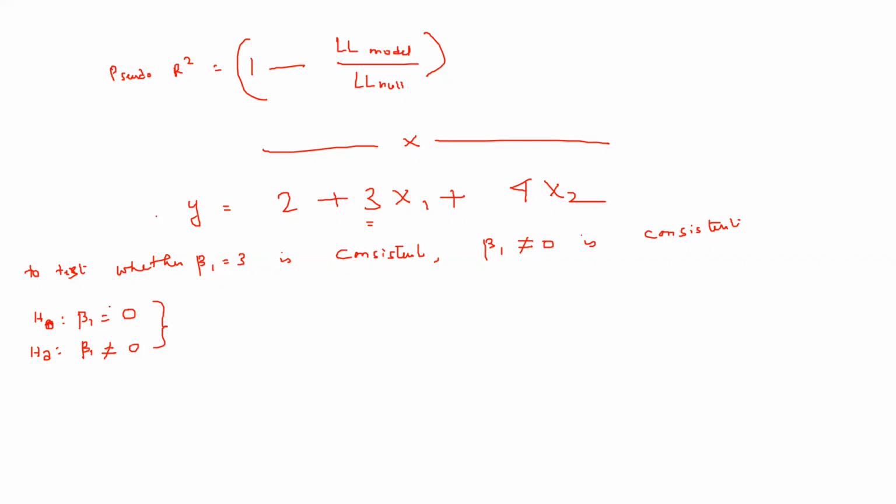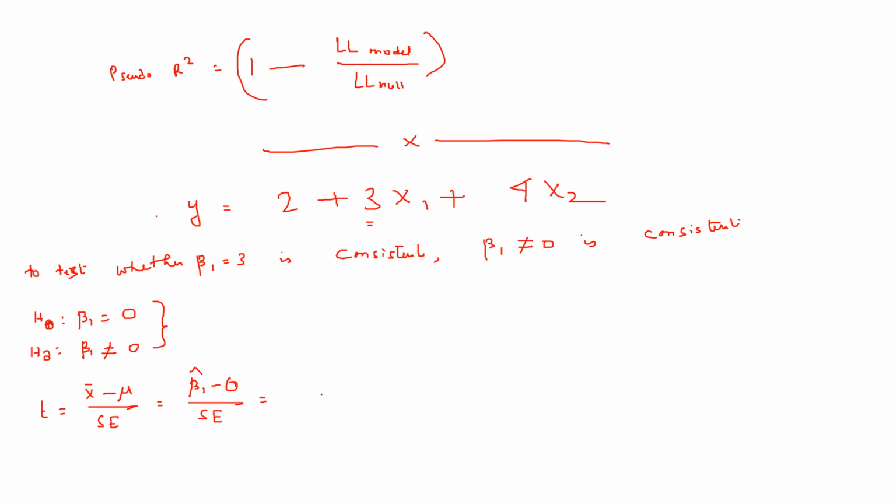This kind of hypothesis testing we do using a t-test, and the t-value, if you remember, is x minus mu by standard error. In this case, the hypothesized value is 0, and the estimate I got is 3. So basically the beta 1 estimate minus 0, divided by the standard error.